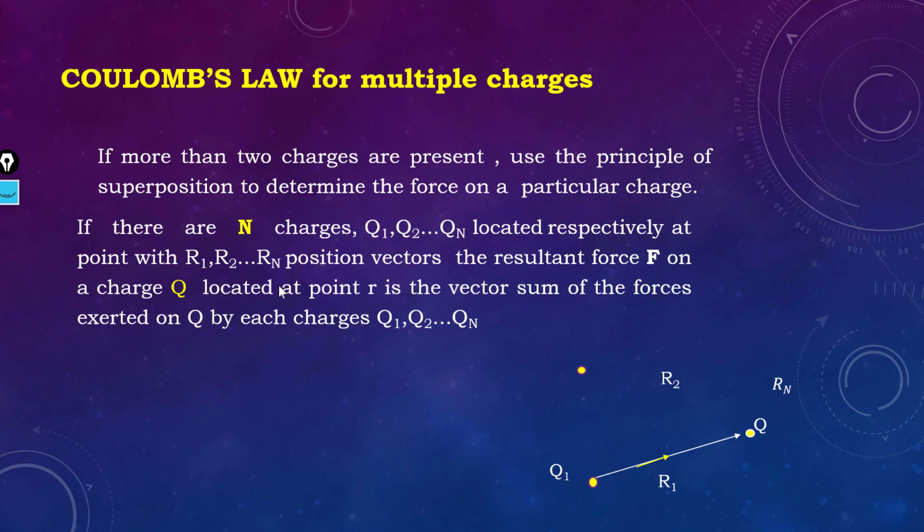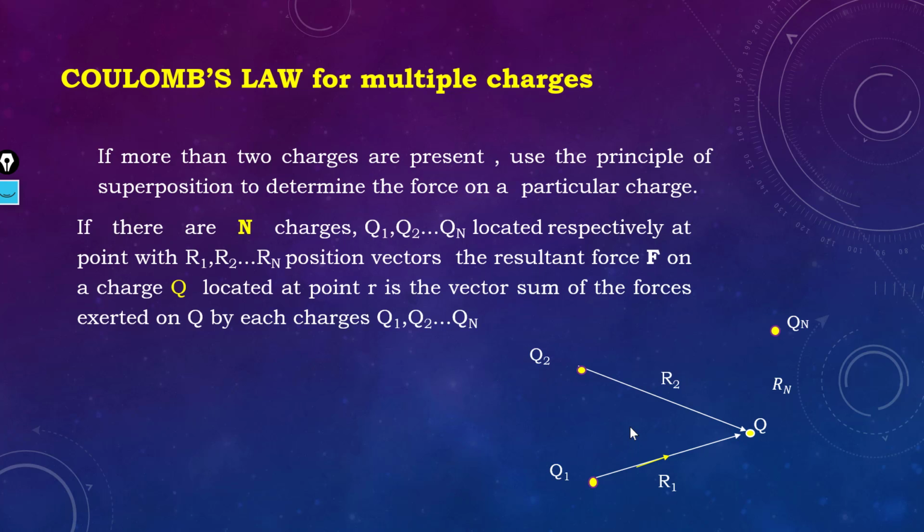If more than two charges are present, then we can apply the principle of superposition to determine the resultant force on a particular charge. For example, in the following diagram, there are multiple charges Q, Q1, Q2 and Qn.